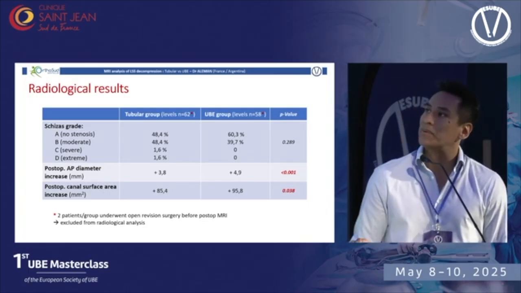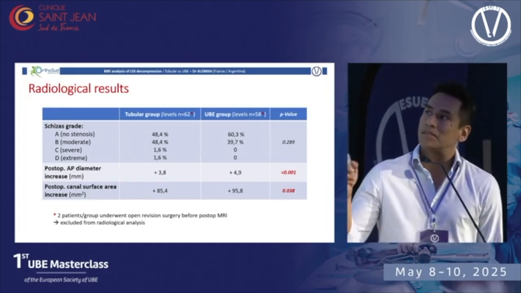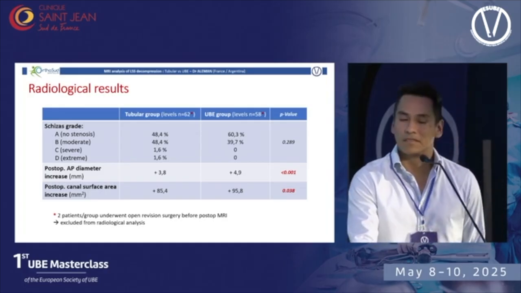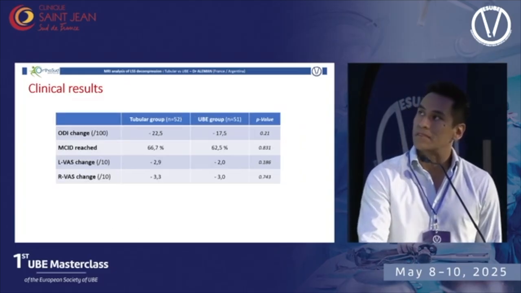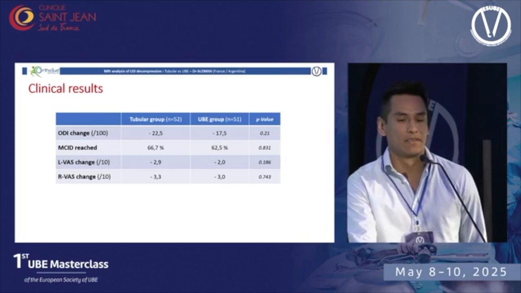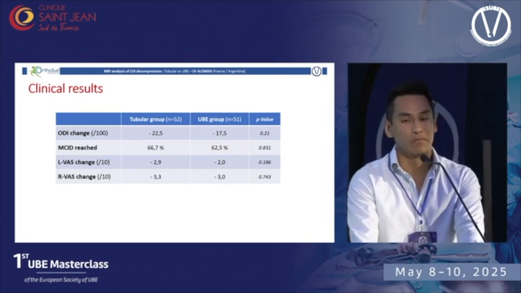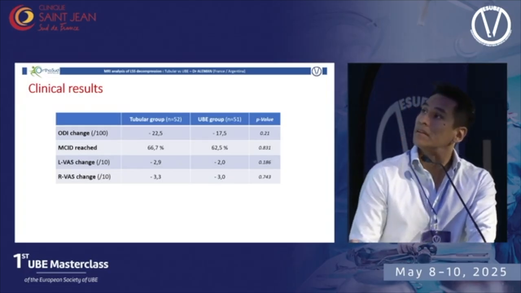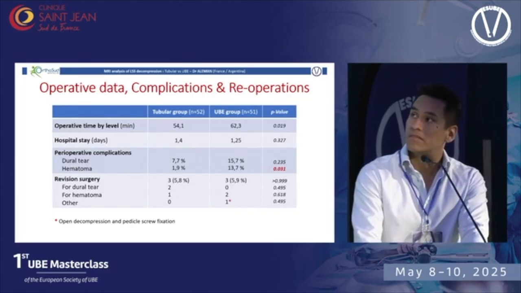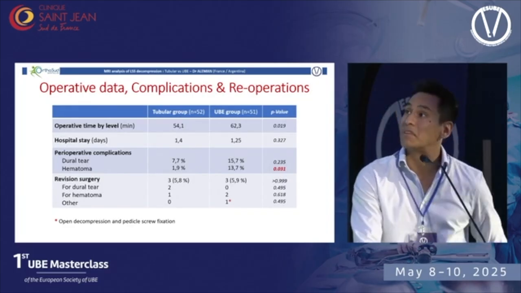But if we analyze it using the Schizas classification, there was no significant difference. For the clinical results, ODI, lumbar VAS and radicular VAS improved similarly in both groups. For the operative time by level, no significant difference.